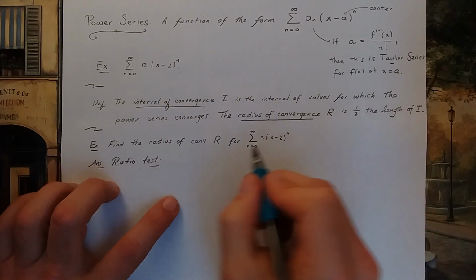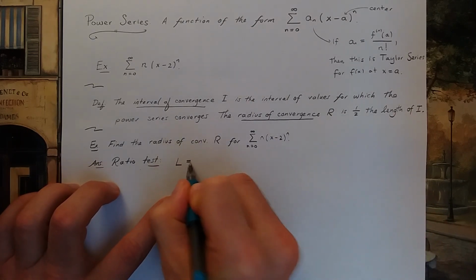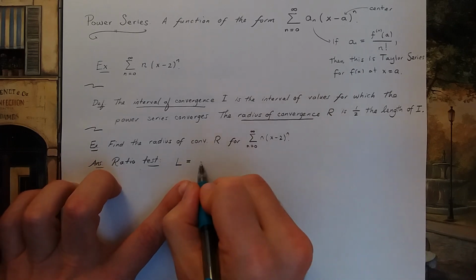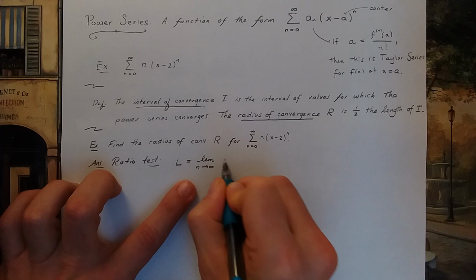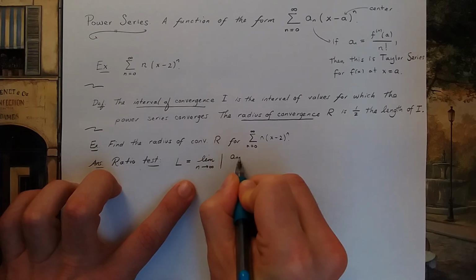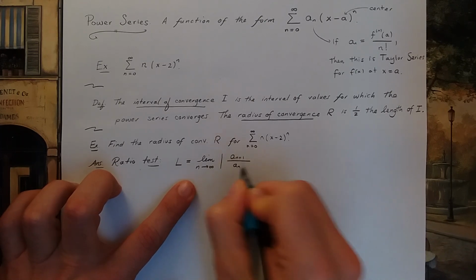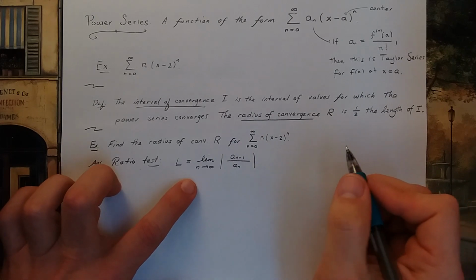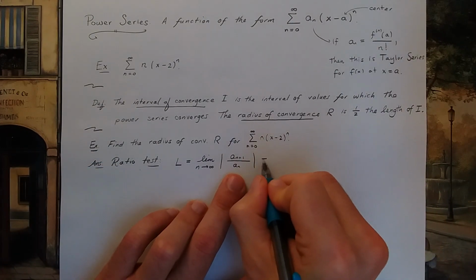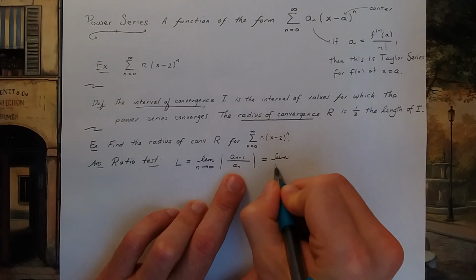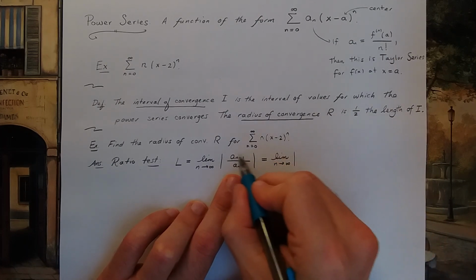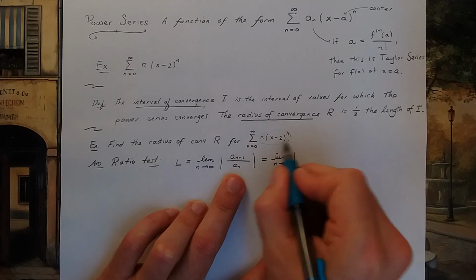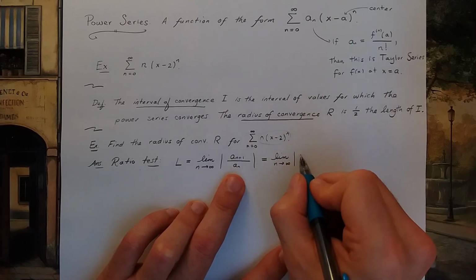So when you do the ratio test, you look at a limit L. It's the limit as n goes to infinity of the a_(n+1) term over the a_n term. In this problem, that would be the limit as n goes to infinity of the absolute value of the n plus 1 term, where I plug in n plus 1 wherever I see an n.